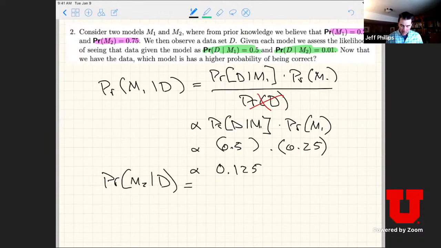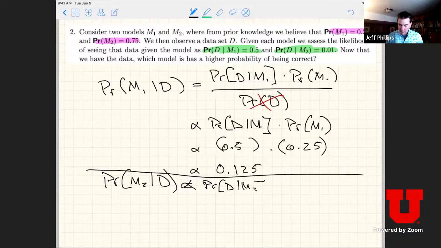It's proportional to, taking out the same constant factor so I'll be able to compare them, the probability of the data given model 2 times the probability of model 2.